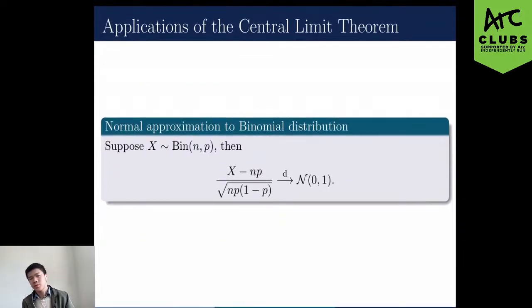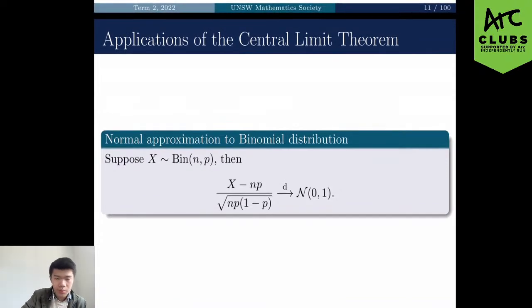For the central limit theorem, there's actually a special case of this. So the binomial distribution is actually the sum of IID Bernoulli random variables, which we would have talked about last time, which means that the binomial distribution itself follows the central limit theorem, right?